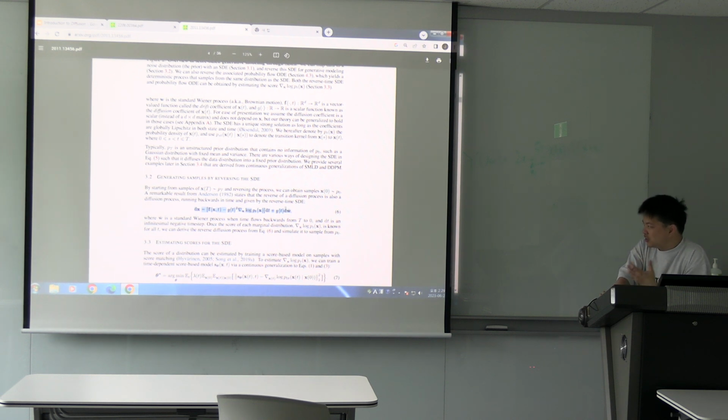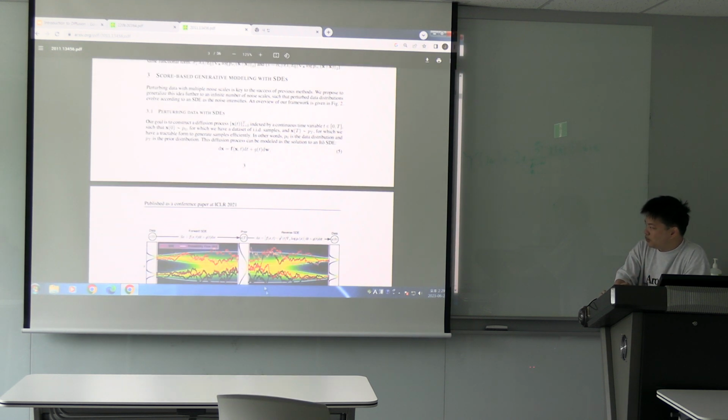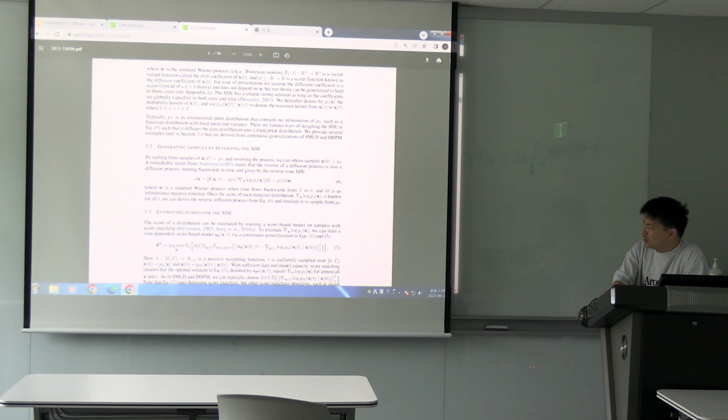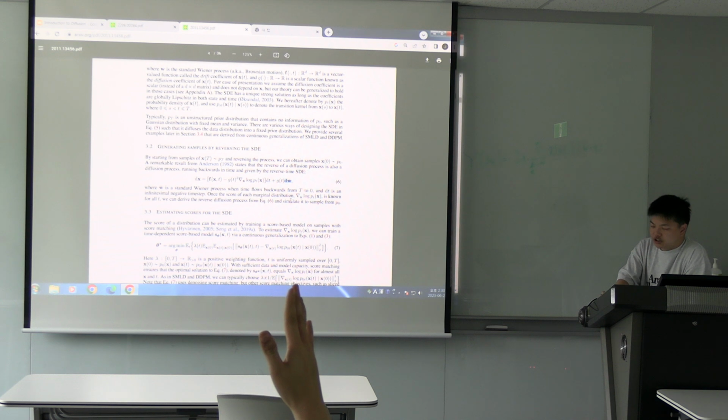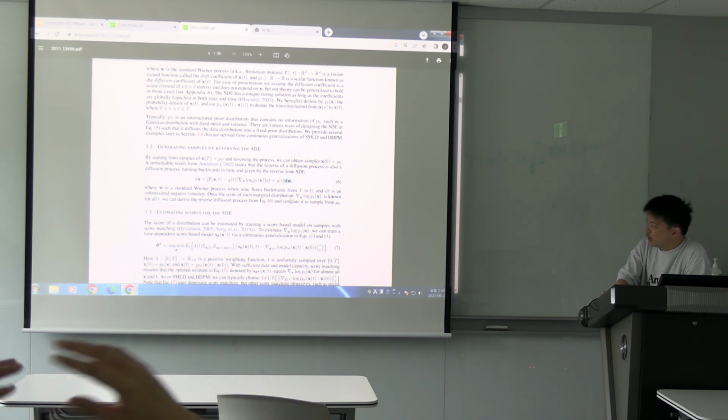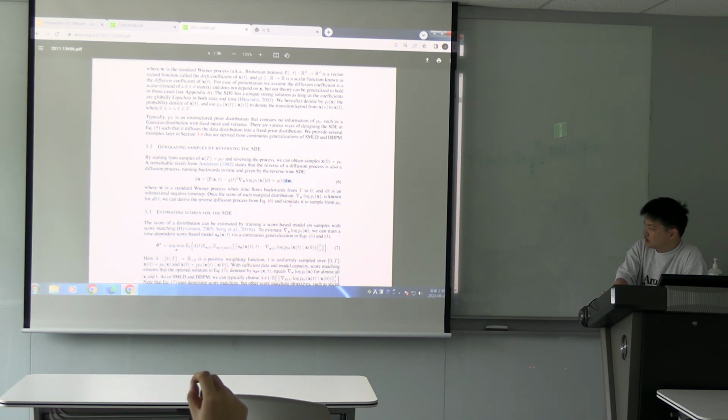The randomness of this, the stochastic process, comes from the dw. And w here is a multivariate Gaussian distribution.